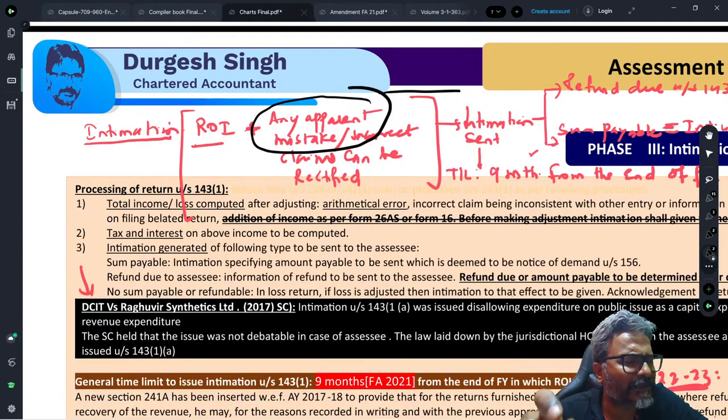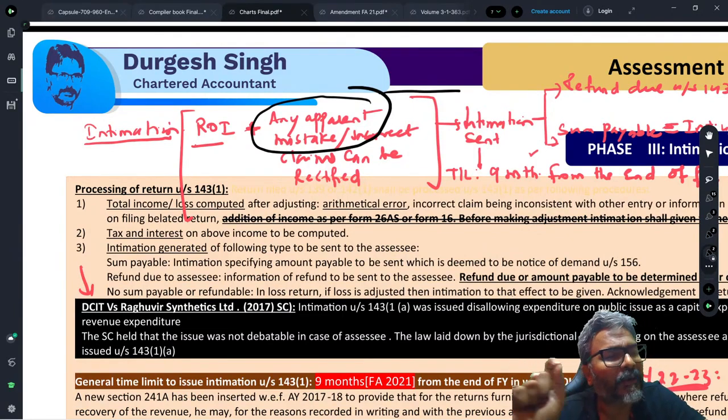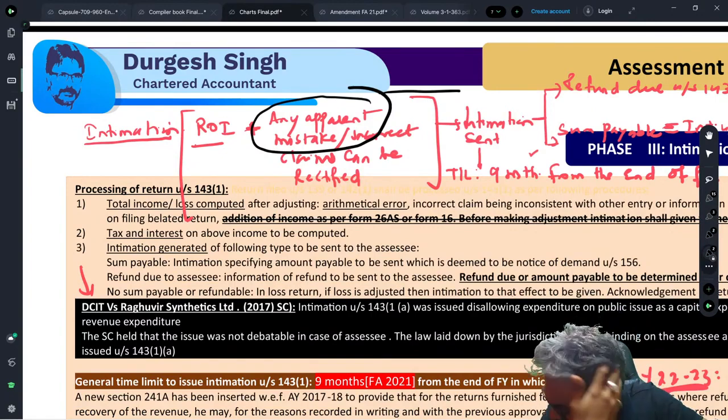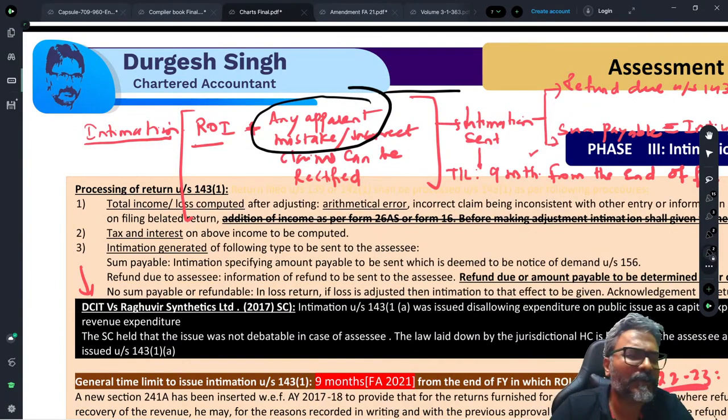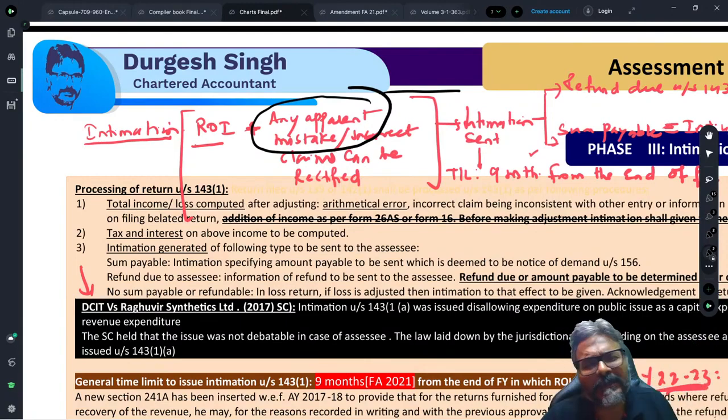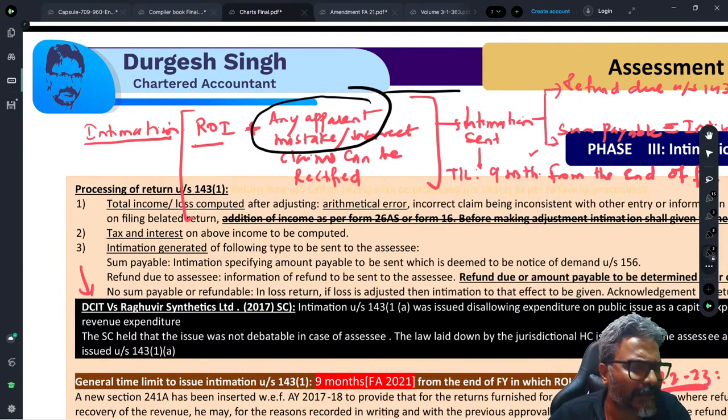So here was the assessee filing the ROI, overlooking the earlier judgment of the same Gujarat High Court on the same issue. That return of income was processed thereafter.